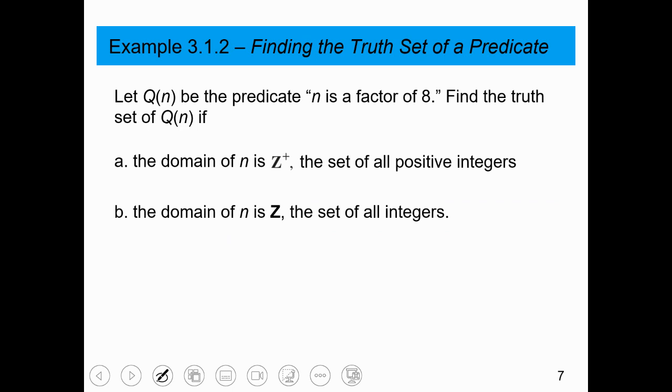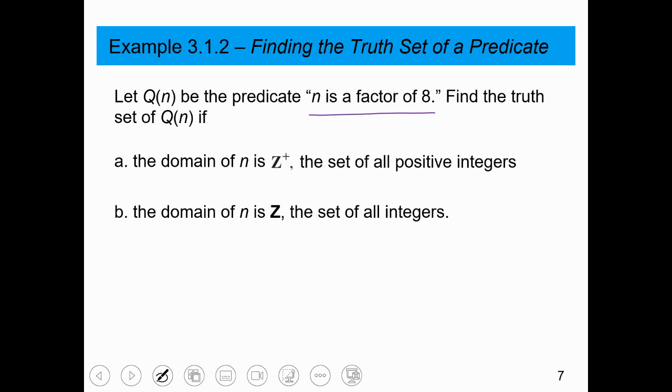So let's consider the predicate Q of n: n is a factor of 8. Find the truth set of Q of n if the domain of n is Z plus, meaning all the positive integers. So we want to take all the positive integers and figure out which ones, when substituted for n, will make this a true statement.